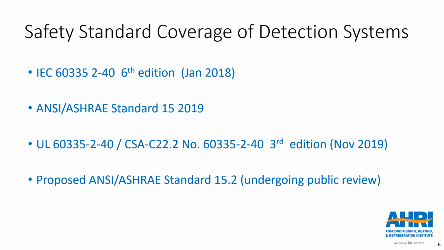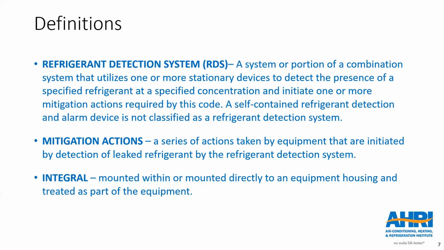The ANSI AHRI Standard 15.2 will cover most residential applications. And by the way, 15.2 is currently available for public comments, and it will be for the next 40 days, and all input to that standard and what's in there is welcome. Now, these standards do have some overlapping requirements on detection and mitigation, and I'll be covering those similarities and differences on the next slide.